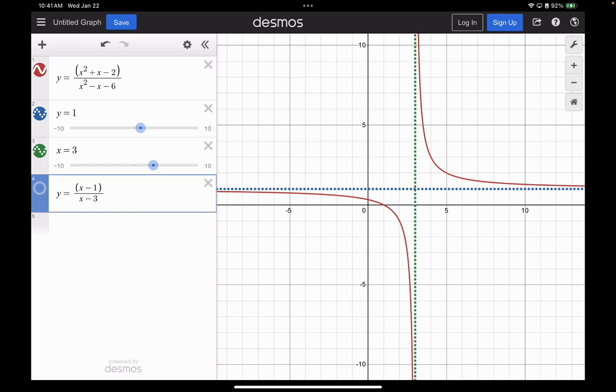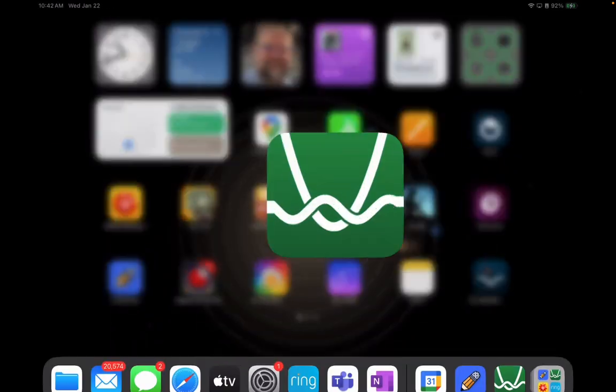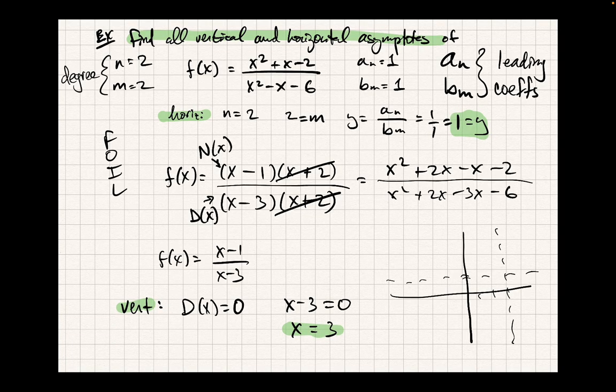So Sydney, to answer your question, if you are using this original function, what excluded values of x do you have? If you look at the factored version to see what the excluded values of x should be.